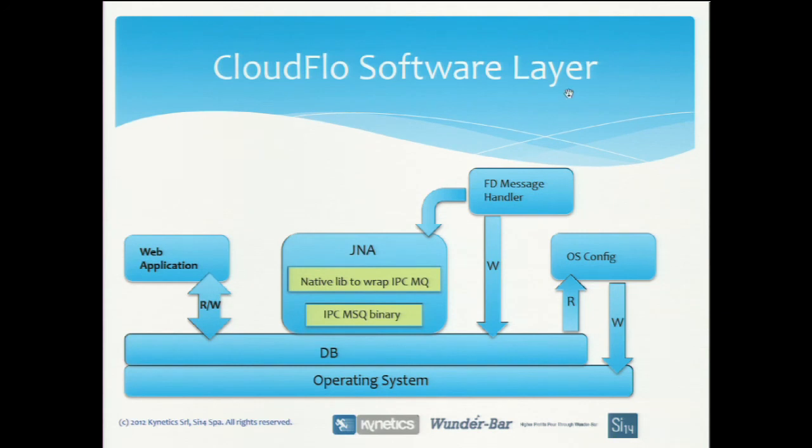We have this layer that is the Java native interface layer to make the connection between the low-level inter-process communication to manage the spouts, data coming from wireless, and to manage this kind of message queue and have a kind of message handler that can take all those information and write on a DB, for example.